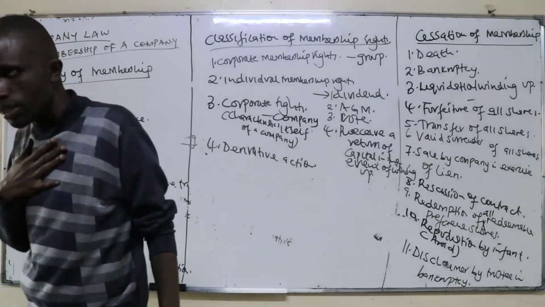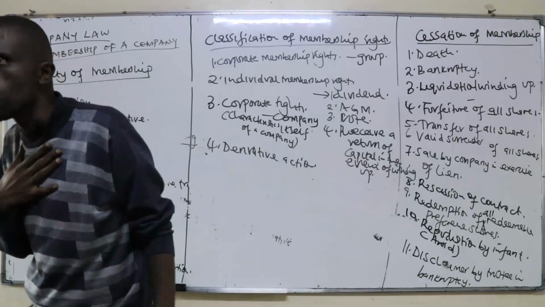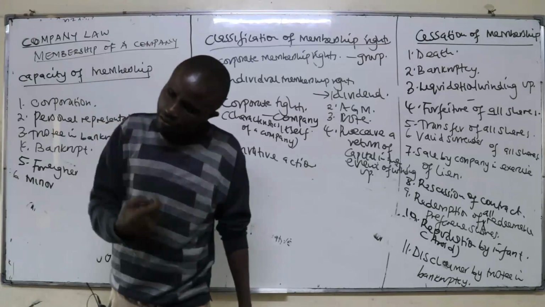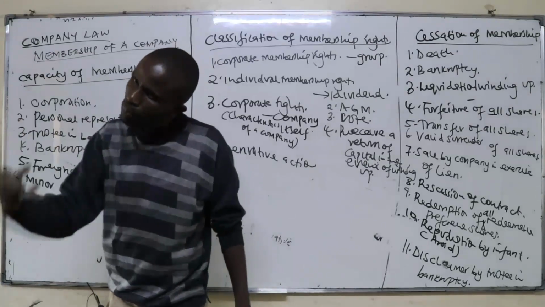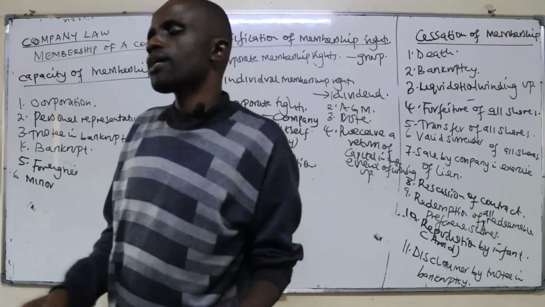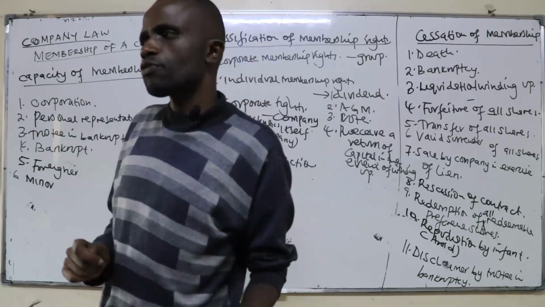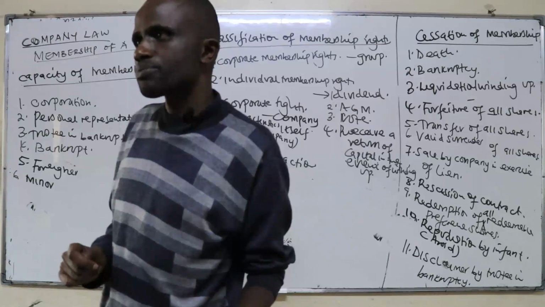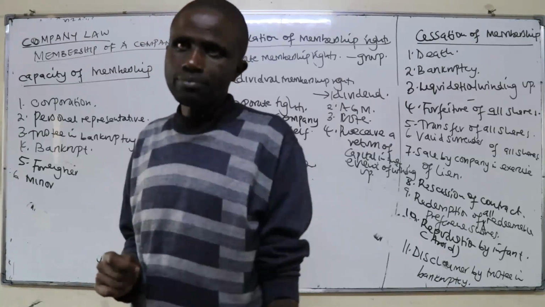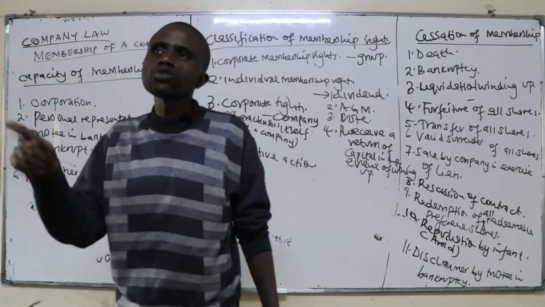The company is a legal person. The case of Foss versus Harbottle states that the proper plaintiff is the company itself, because the company has the capacity to sue and be sued.